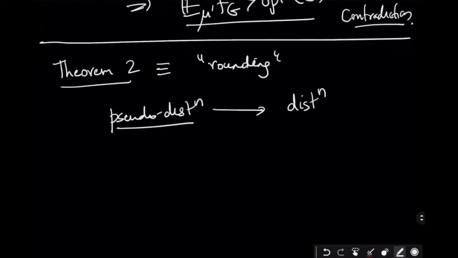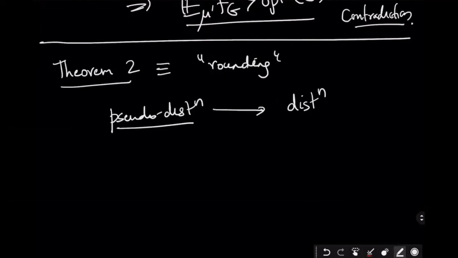That's what our roundings will always mean: taking a pseudo distribution and generating a certain distribution out of it. For example, here we have a pseudo distribution over the hypercube, and we are trying to find cuts. We will not try to find cuts directly; we will try to find distributions over cuts. Our philosophy is to understand how pseudo distributions are related to actual distributions. This is not so unnatural.